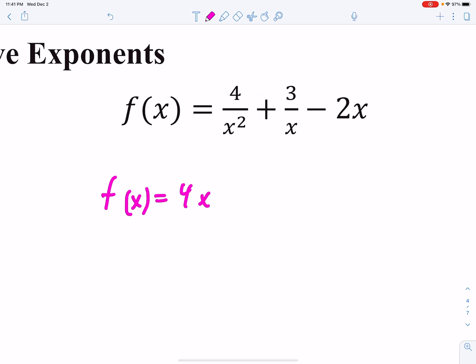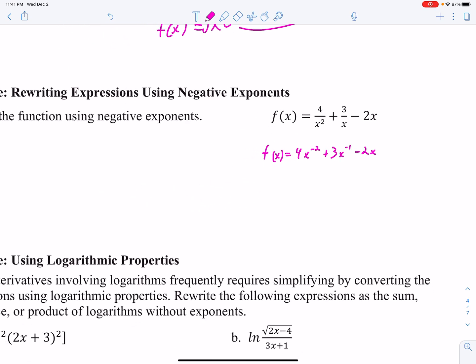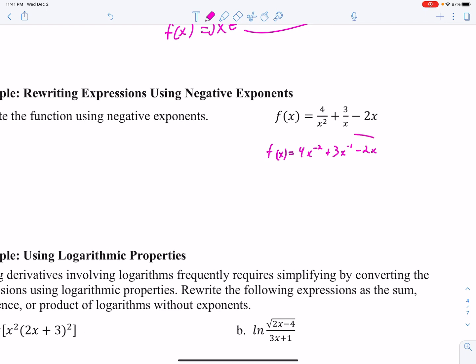So that means it's going to be x to the negative 2 power. Okay? Plus 3, again, we want the x to go up to the top. So that'll be x to the negative 1. And minus 2x, so there we go. Okay? There we go. And then you'll see in calculus it'll be easier to work with if you do that.